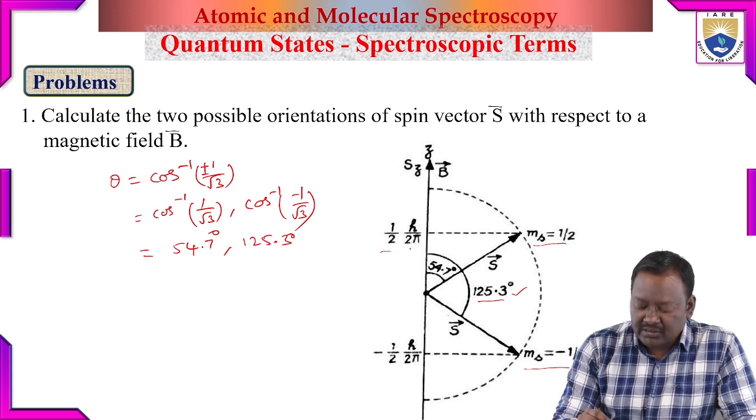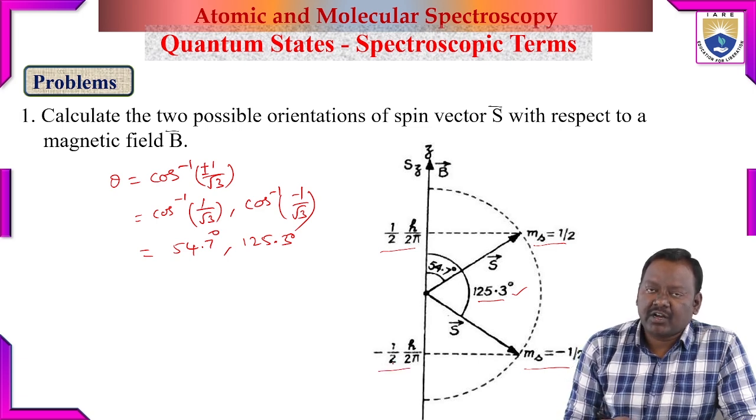Okay, these are Sz values, the Z component of spin vector along the Z direction or magnetic field direction: 1 by 2 h by 2 pi, and the other one is minus 1 by 2 h by 2 pi.